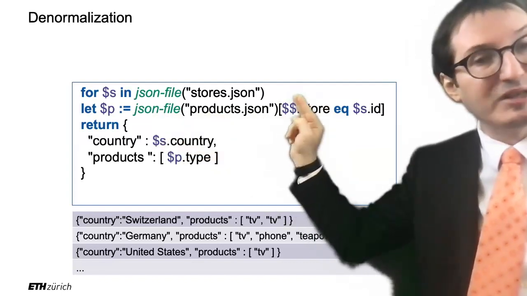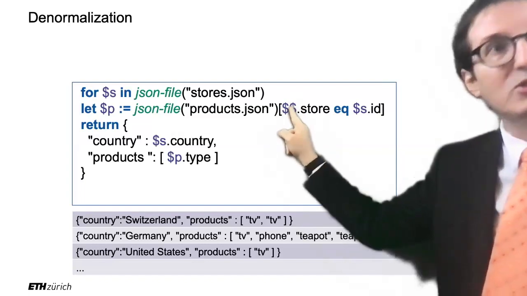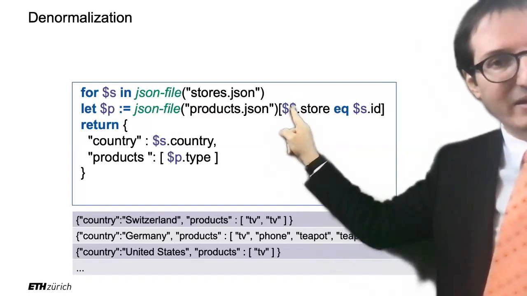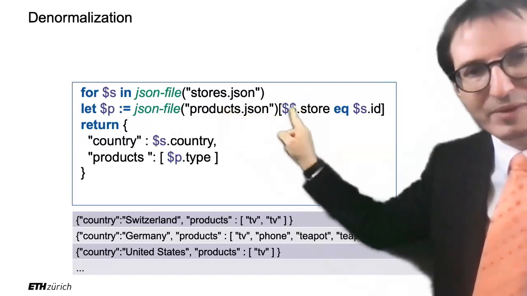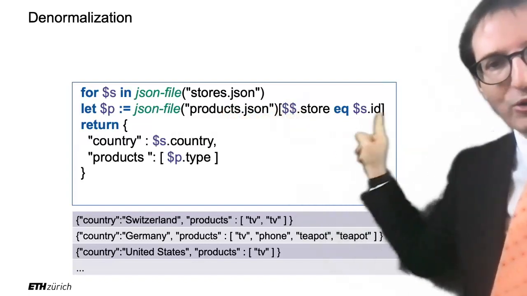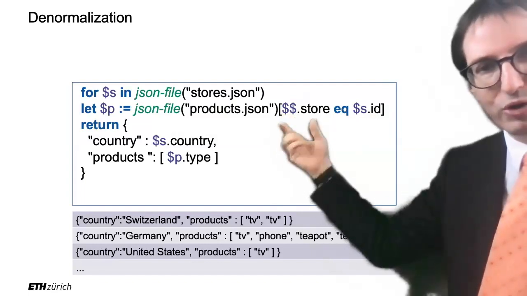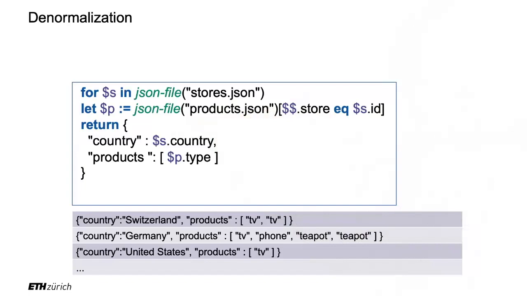For every one of these items, you need to evaluate this here, and the $$ is the current item. It's called the context item. So the first time, this will be the first product. The second time, it will be the second product. The third time, it's going to be the third product. And you evaluate that a billion times, as many as products. Every time, this is the current item coming from here, right? Always one, right? It's $$.